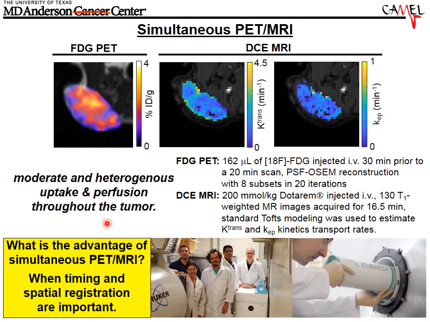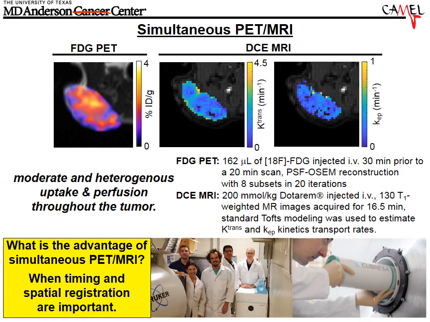But really, I think where we're going to see the greatest benefit for the applications is when timing and spatial registration are important, and both the PET and the MRI have to be performed at the same time, or there has to be fantastic spatial resolution between the two modalities. Although this is somewhat mitigated by outstanding techniques for spatial registration that can be applied post-acquisition.